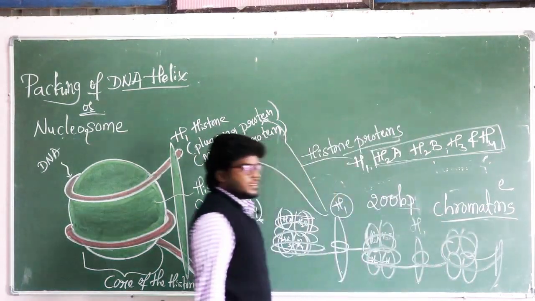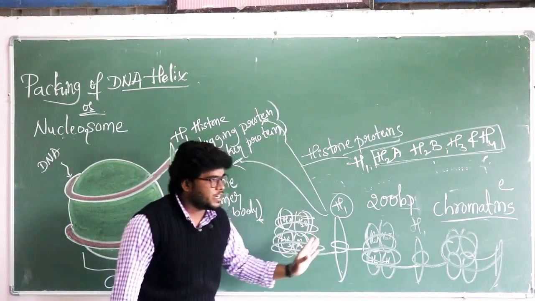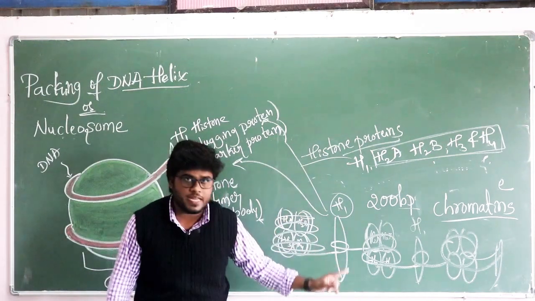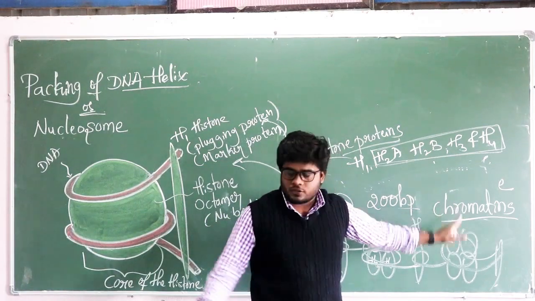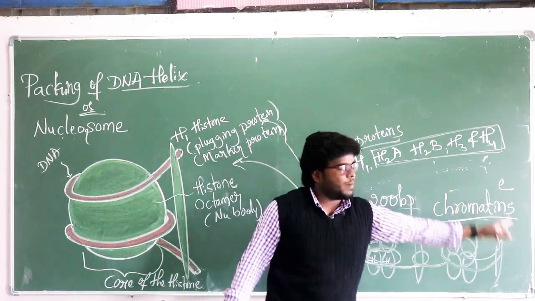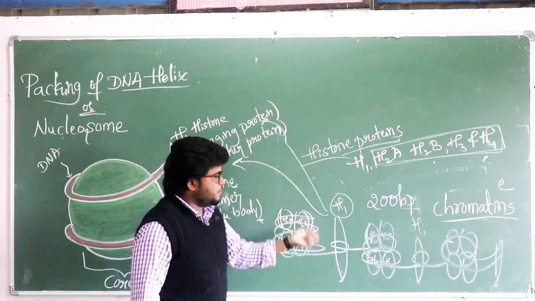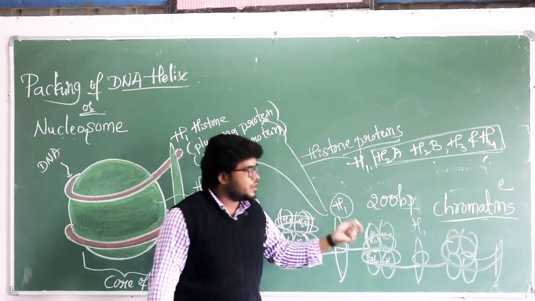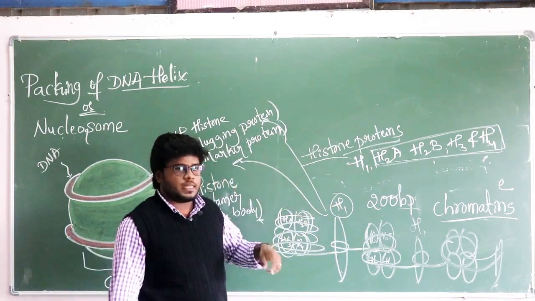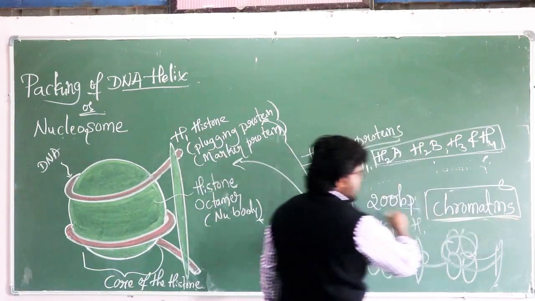What are the chromatins? The repeated units of the stained bodies, or colored bodies, found in the nucleus are called the chromatins.